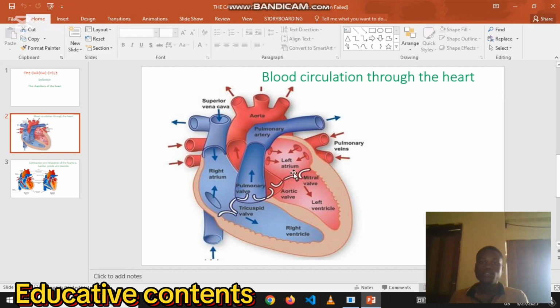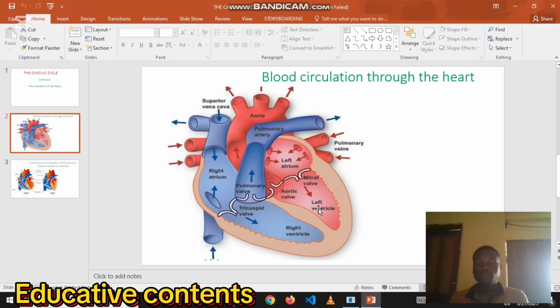Now, when the oxygenated blood enters the left atrium, it needs to leave the left atrium and enter the left ventricle. Between the left atrium and the left ventricle, we have what we call the mitral valve, or the left atrioventricular valve. When the left atrium contracts, blood will leave the left atrium and pass through the mitral valve, because the mitral valve will open so that the oxygenated blood can enter the left ventricle.